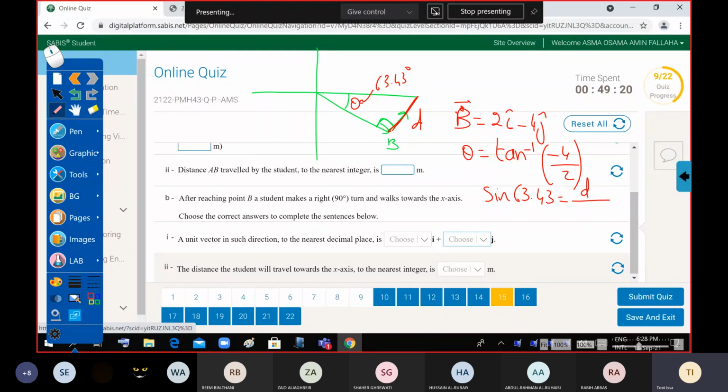What's the hypotenuse? It's the magnitude of b, which is the square root of 2 squared plus minus 4 squared. And then you can find d.